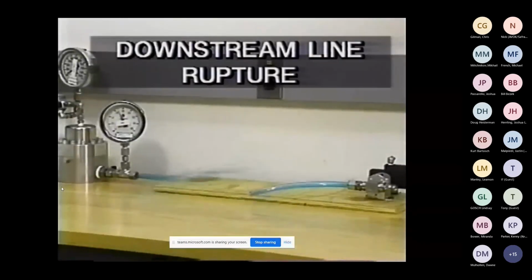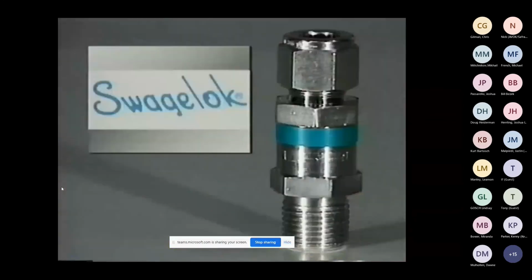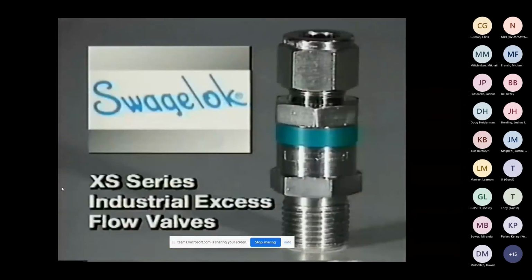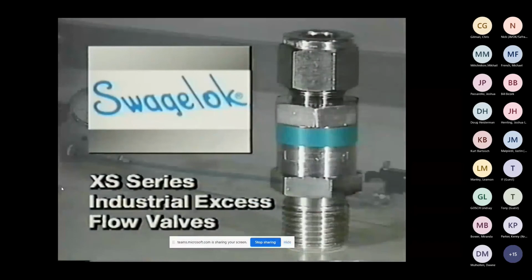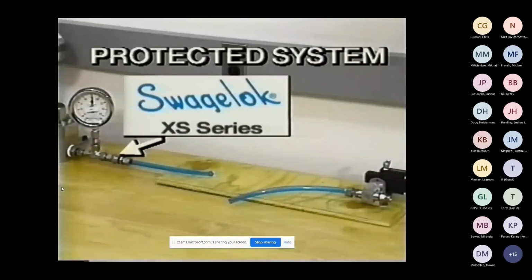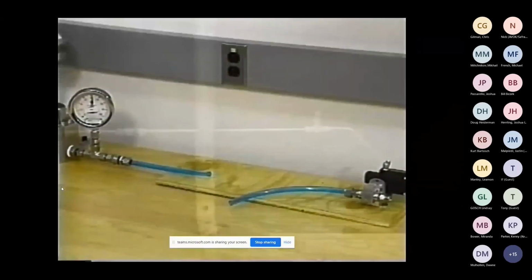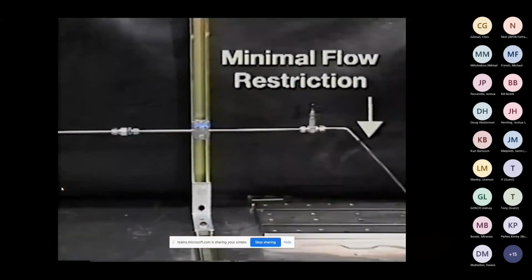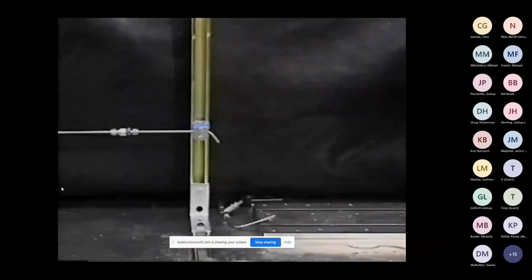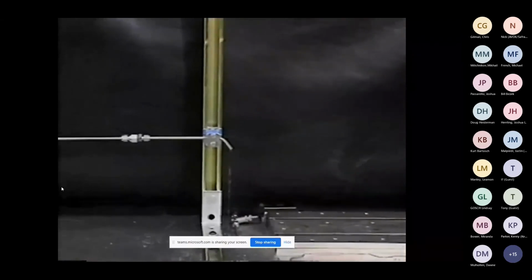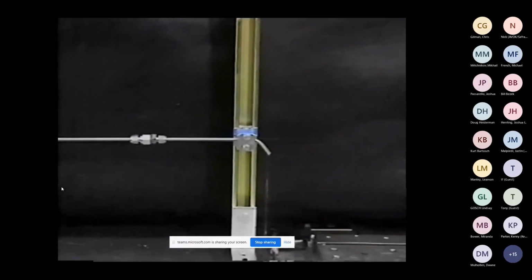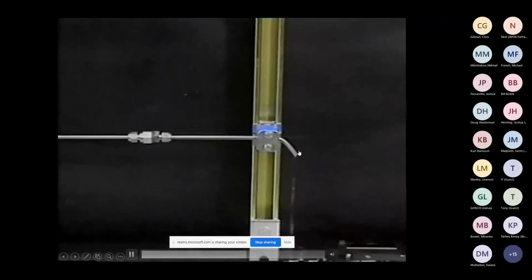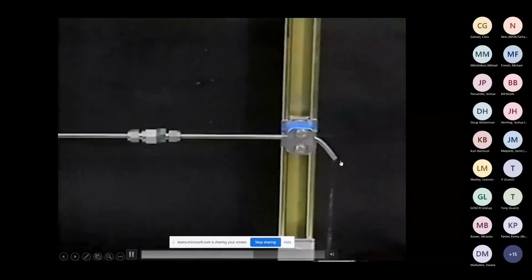It's a rupture downstream. Swagelok XS Series Industrial Excess Flow Valve helps protect against hazardous spills and environmental releases and improves safety. In its normally open position, flow is virtually unrestricted through the valve. If a line breaks downstream, the XS Series valve automatically trips to prevent the uncontrolled release of fluids from the system. It isn't off, but it is a much reduced flow.